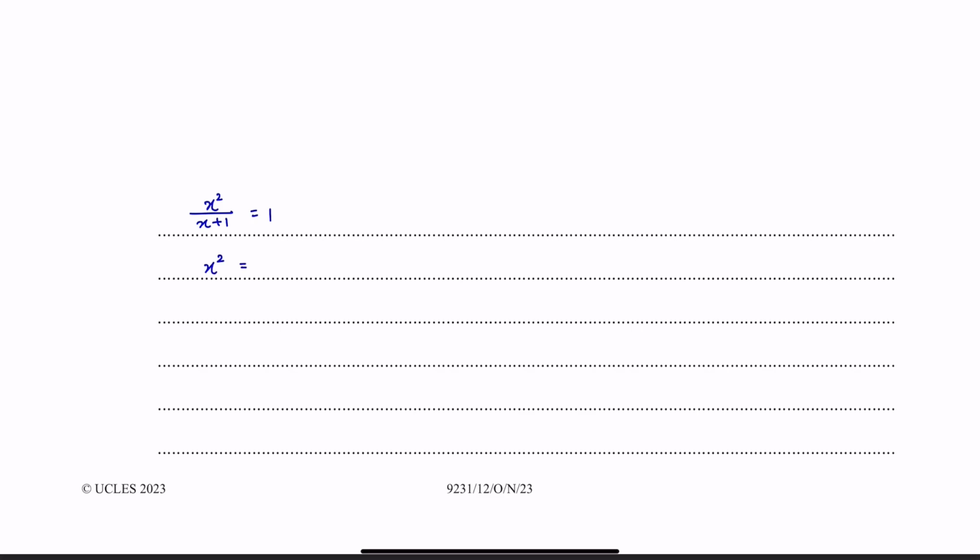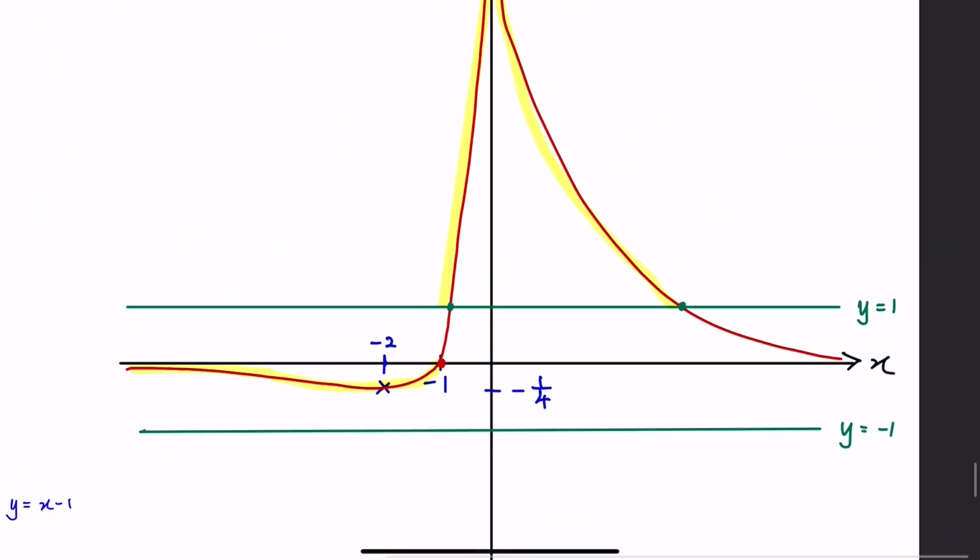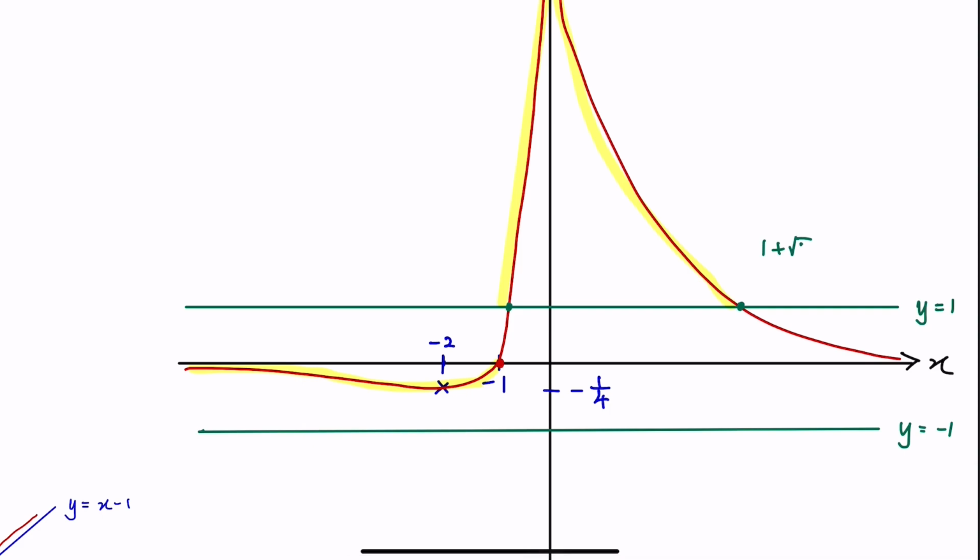So x squared equals x plus 1. x squared minus x minus 1 equals 0. x equals 1 plus minus the square root of (negative 1) squared minus 4 times 1 times negative 1, the whole thing over 2. And it's basically 1 plus minus square root of 5 over 2. So this is 1 plus square root of 5 over 2, and this is 1 minus square root of 5 over 2.